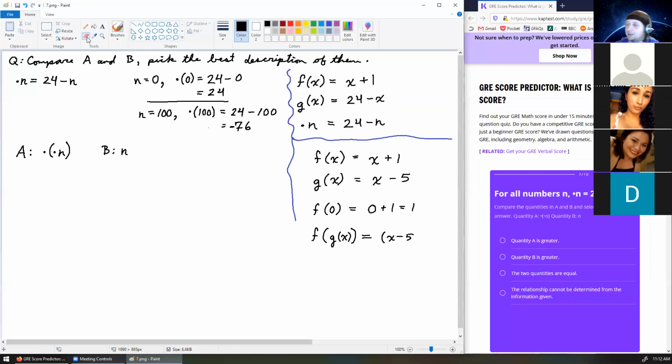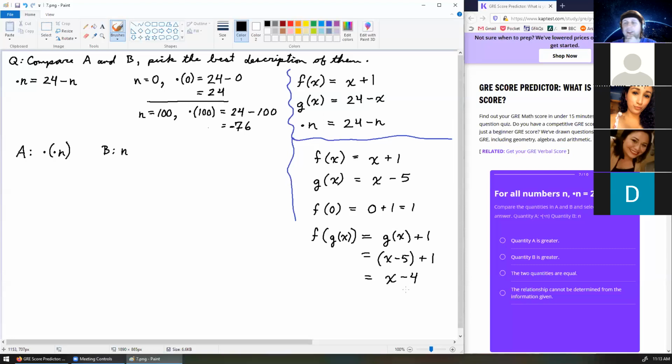Yes, you are correct. I'm going to make this a little simpler first. It's g of x plus 1, which becomes x minus 5 plus 1, which equals x minus 4.